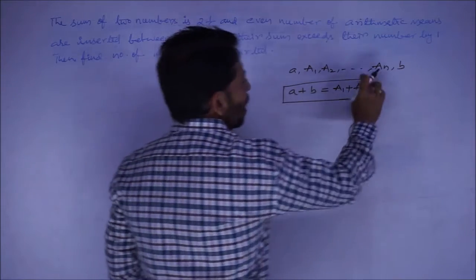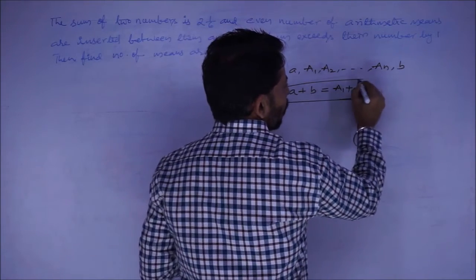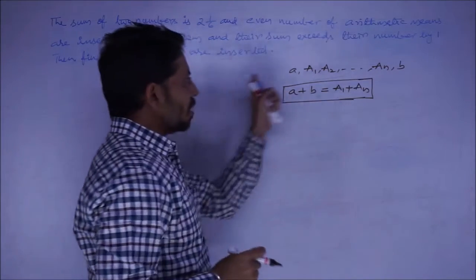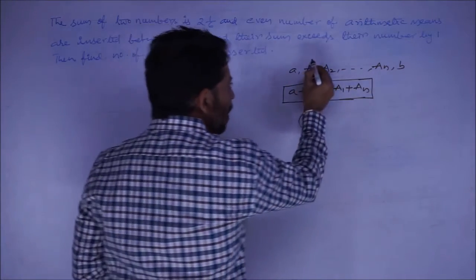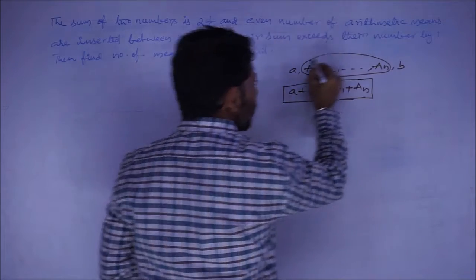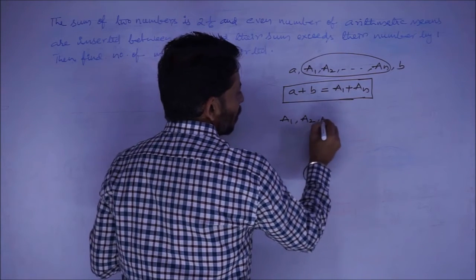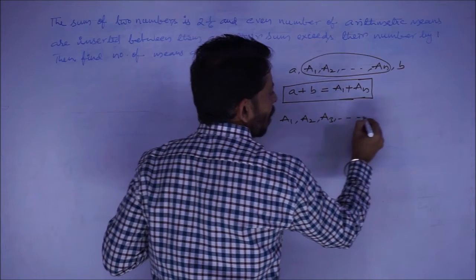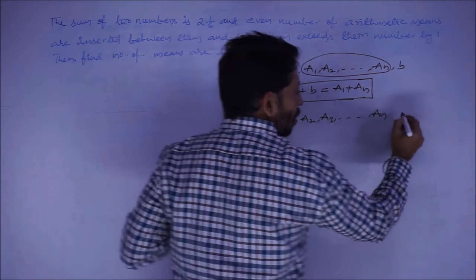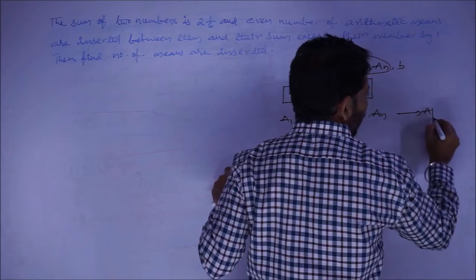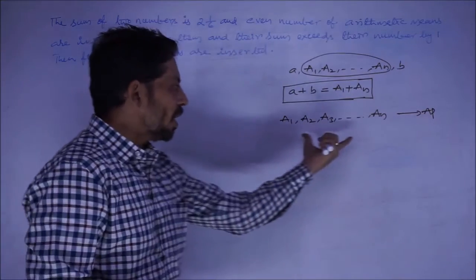Now if n AMs are inserted between them, this is an AP, and even if you consider only this part, A1, A2, A3 and so on, An, this also forms an AP. The sum of the n AMs, how many terms? n terms.